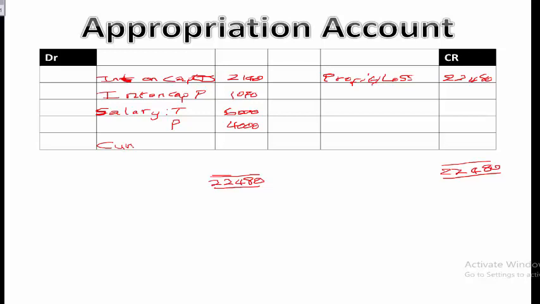So the money that goes to the current account for let's say T as well as for P, right? P-Porky and T-Toy. So the difference between these amounts is very critical. Now, what is 22,480 minus 2,140, 1,070, as well as 10,000?